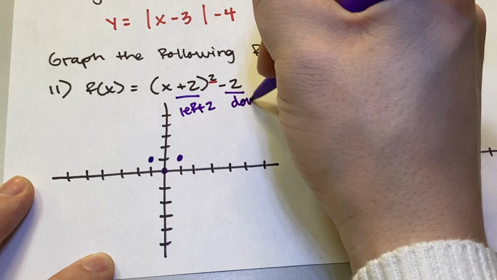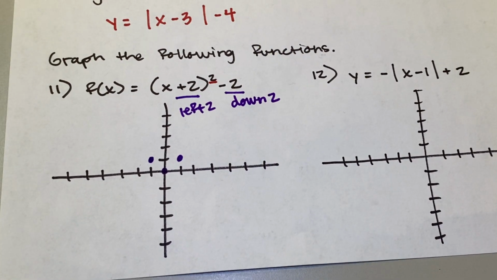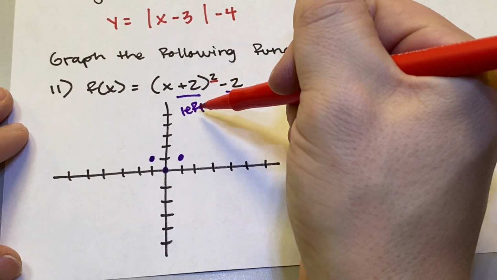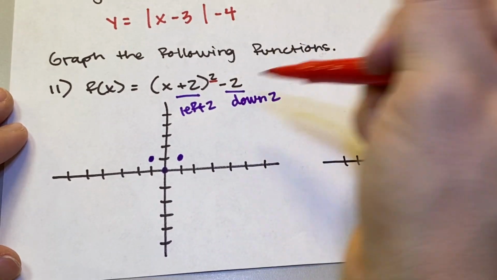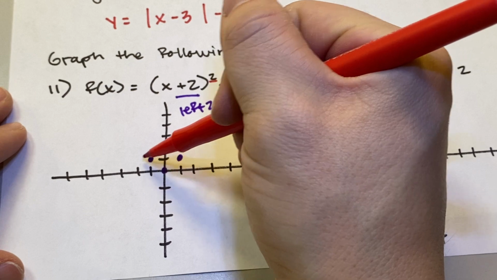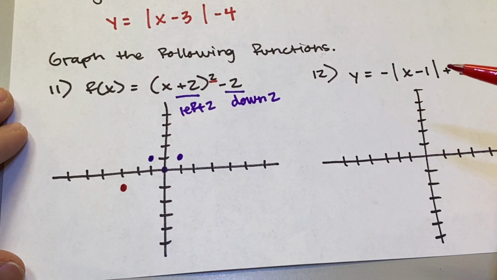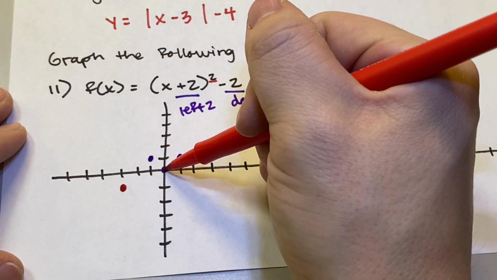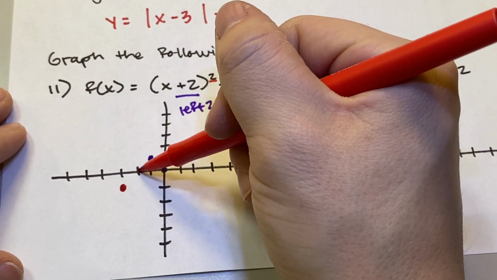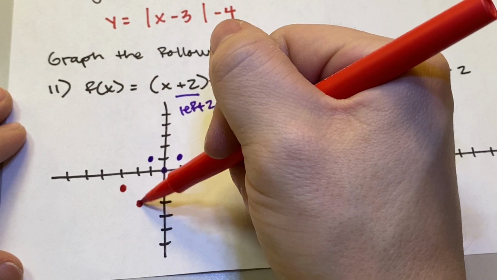Okay, I'll just write that to help myself out. And down 2. Nice. So let's take these 3 points, our parent function points, and we're gonna move them each to the left 2 and down 2. I'll start with this guy. Left 2, 1, 2, down 2, 1, 2. Boom. My next point, left 2, 1, 2, down 2, 1, 2.